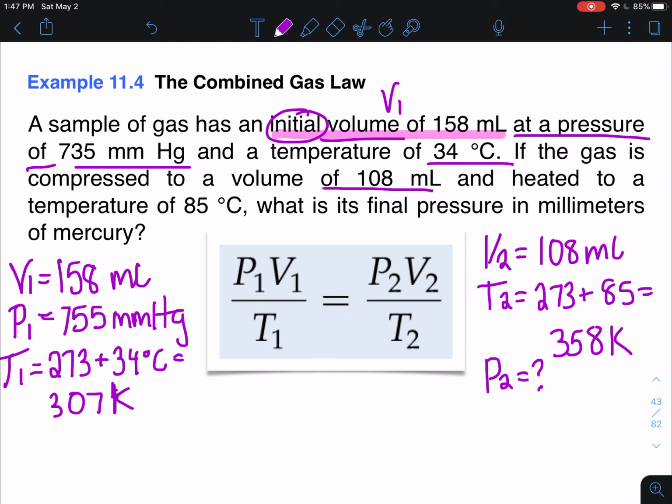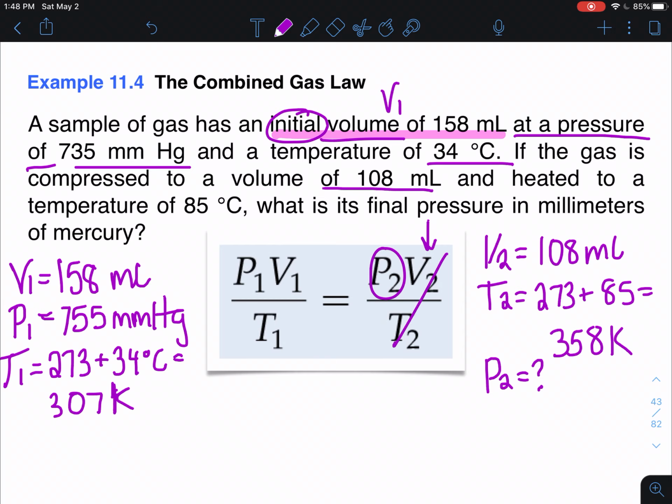We have all of our variables set up, and now all we have to do is rearrange and solve for P2. The easiest way is to multiply both sides by the reciprocal of V2 over T2, so you multiply both sides by T2 over V2 to cancel out V2 and T2.